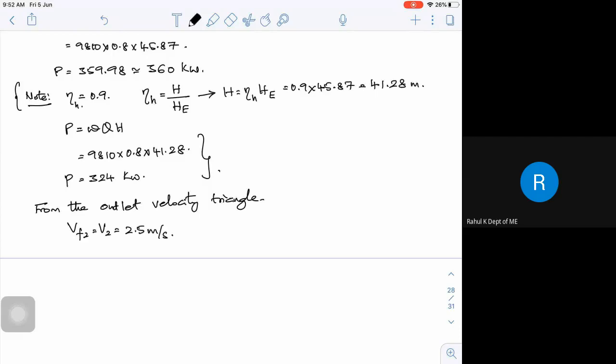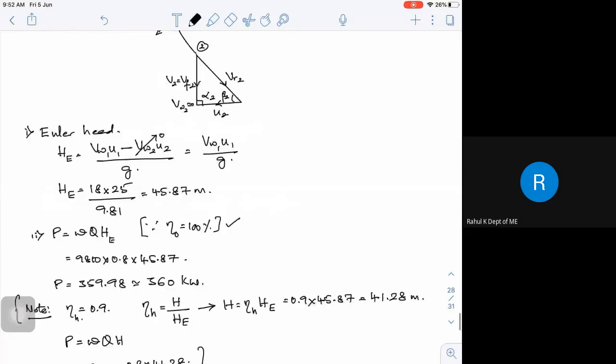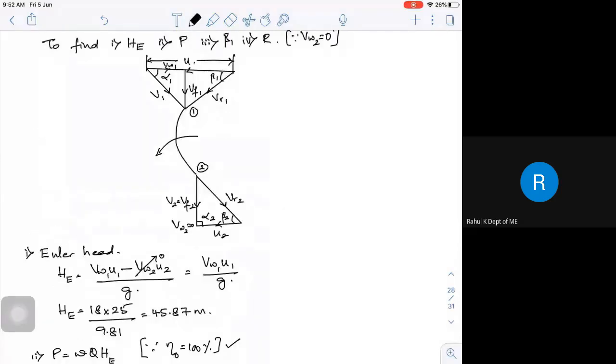Now, if I consider the inlet velocity triangle, I can find my V1. V1 square is equal to Vf1 square plus Vw1 square, so V1 is the square root of it, using the right angle triangle.